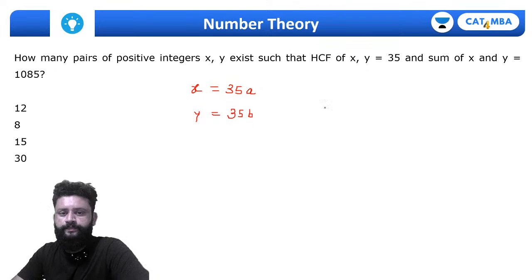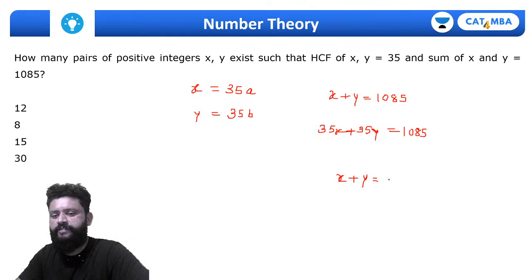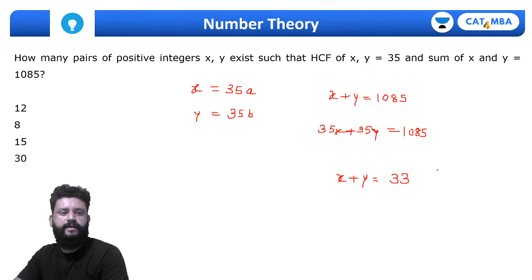All clear? And the sum of these numbers, x plus y, is 1085. So I can write 35a plus 35b must be 1085. We divide this, a plus b must be equal to 31.